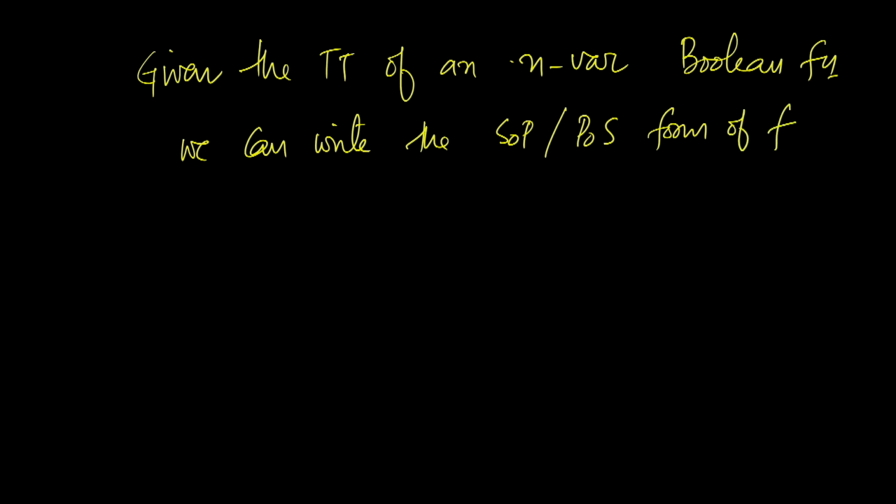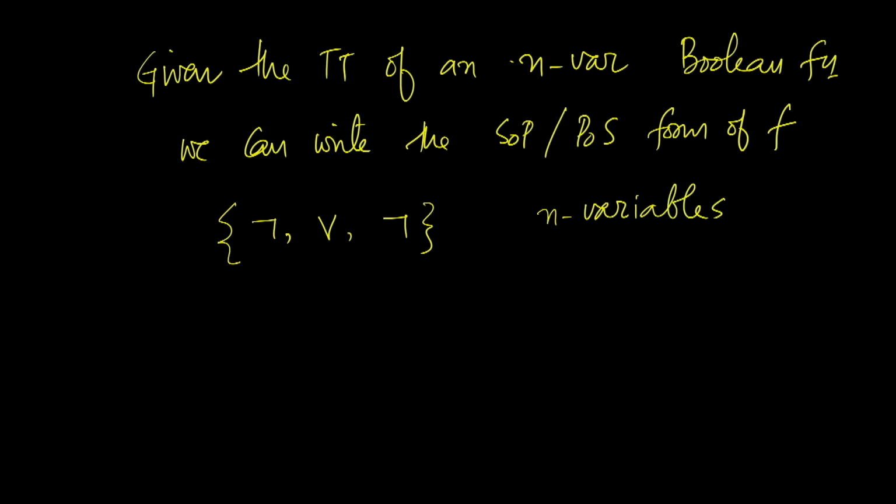So we have an algorithm for doing this, and this sum of products and product of sums form use only these Boolean connectives, negation, or, and, in addition to the variables of the expression.